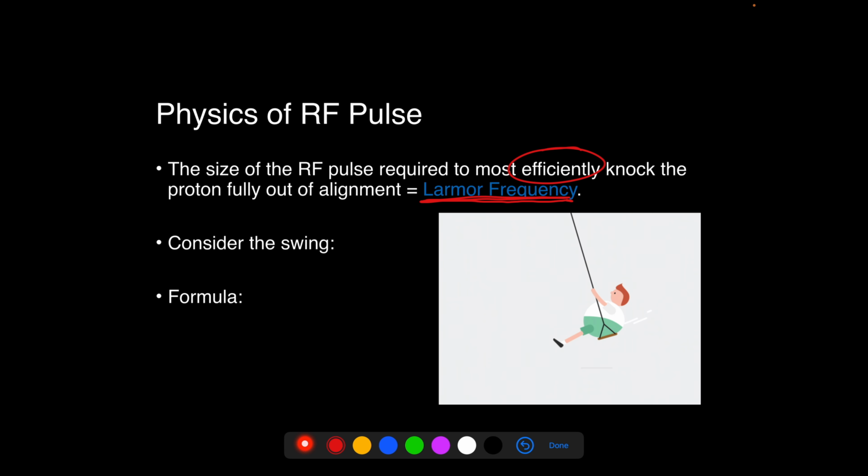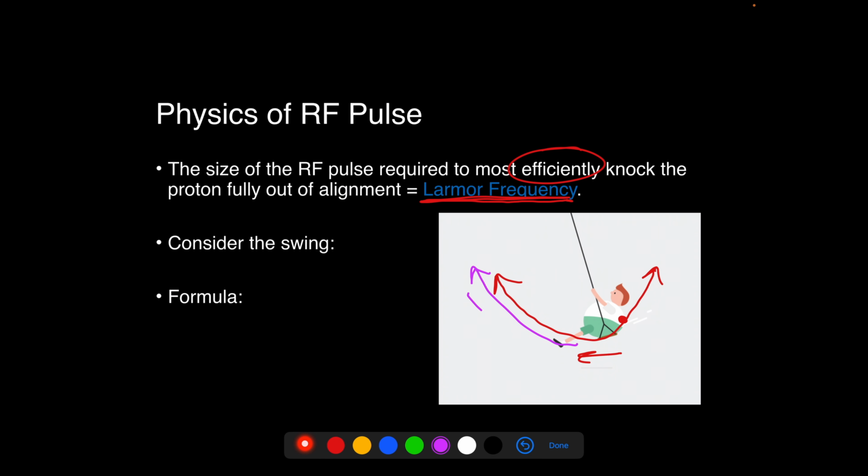So with this image here, if this individual is swinging from here to here, if we push at the right moment while they're going in this direction, with the right amount of force, the next time they swing up, they're going to swing a little higher.